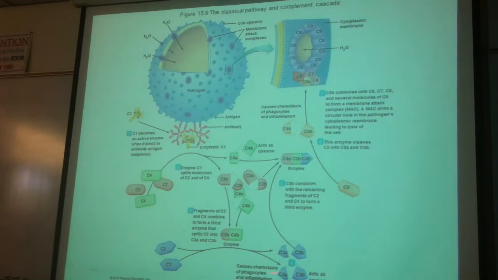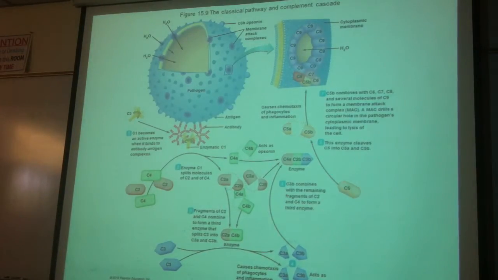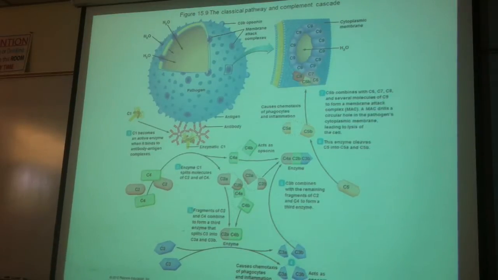They send signals, we start making our enzymes so that you can make these messages, and then you can see you start making these holes in the actual membrane of the pathogen.